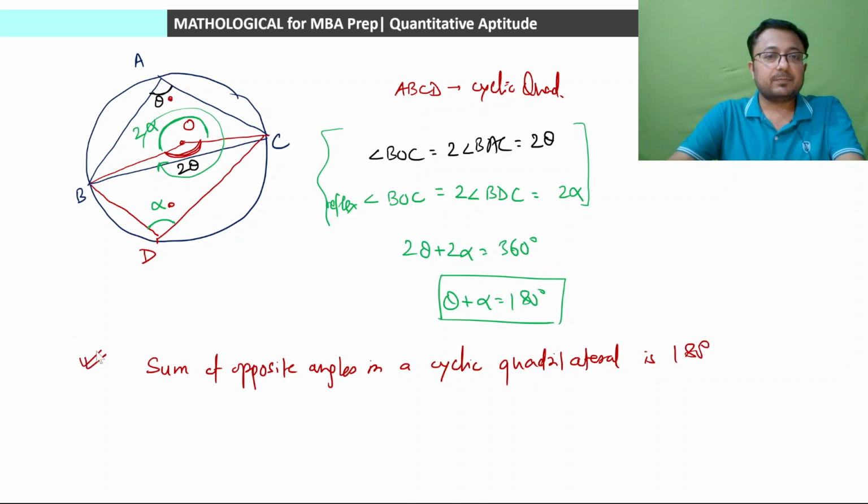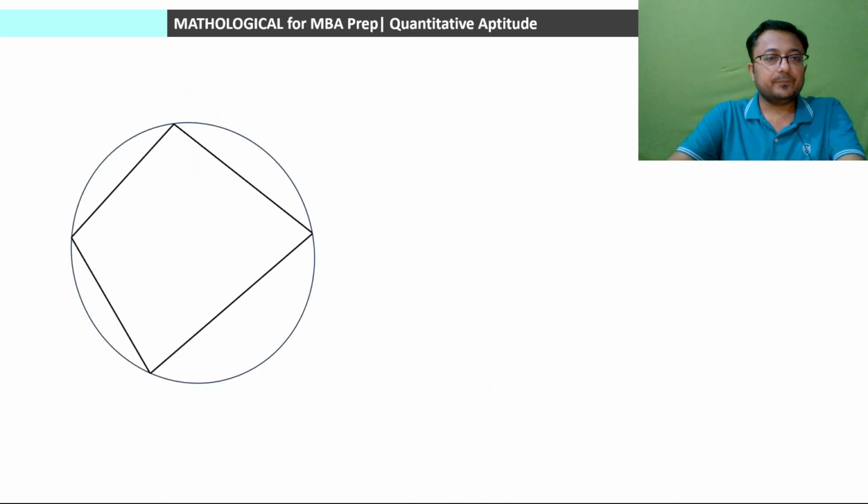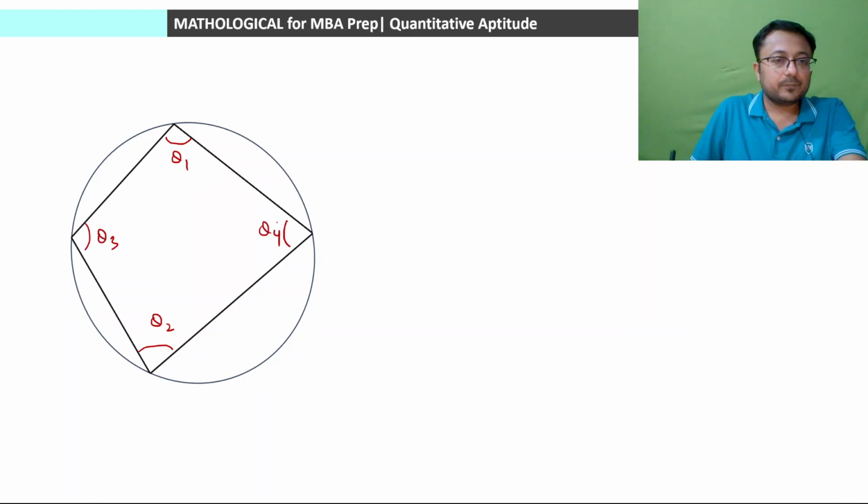क्या ये बात अप्रिशिएट कर पा रहे हो? ठीक है, ओके. So basically, if this angle is theta 1, this angle is theta 2, this angle is theta 3, and this angle is theta 4, and this is A. एक सेकेंड, इसको थीटा 2 कर देते हैं, ज़्यादा बेटर रहेगा.